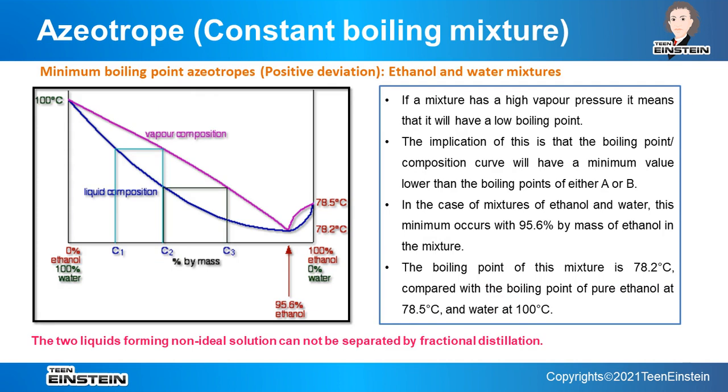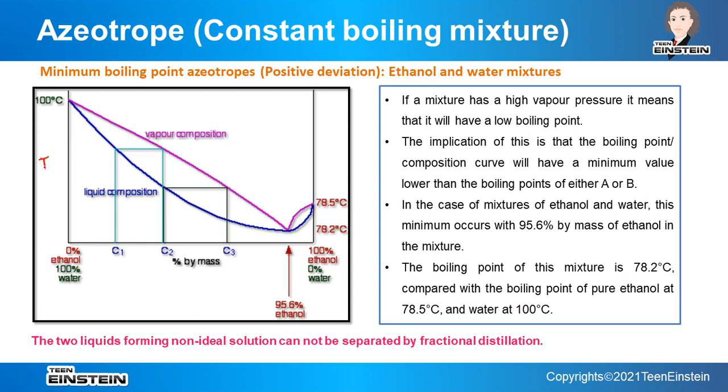Now, minimum boiling point azeotrope, or positive deviation. We have already seen in the previous graph that there is positive deviation. Now if you look, at first glance it may seem that this deviation is negative, but see, this is not a vapor pressure composition curve, this is a boiling point composition curve.